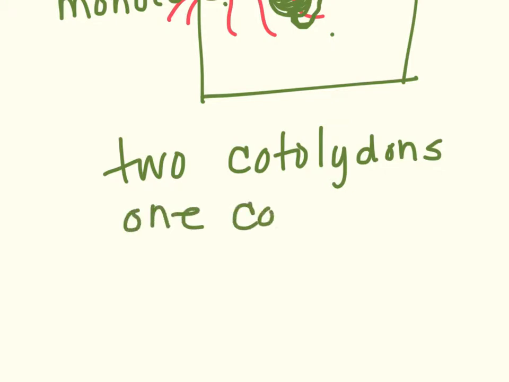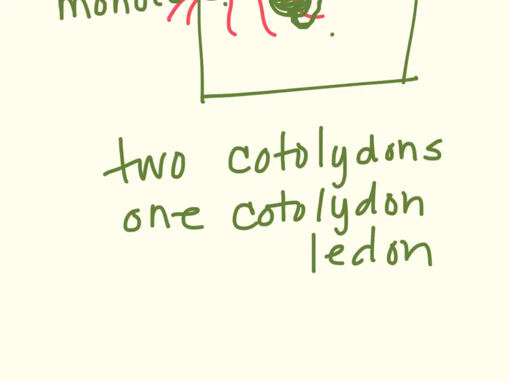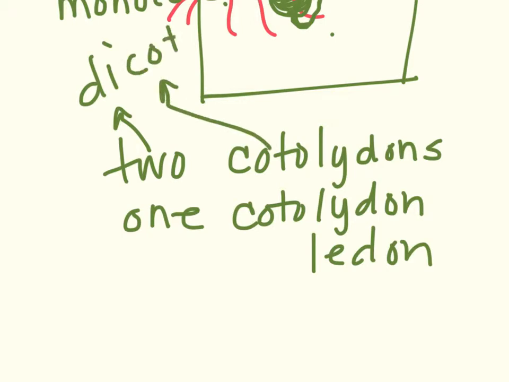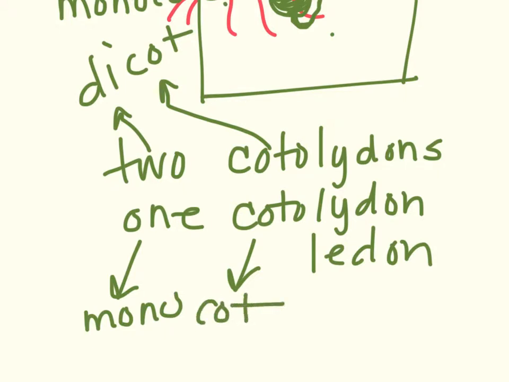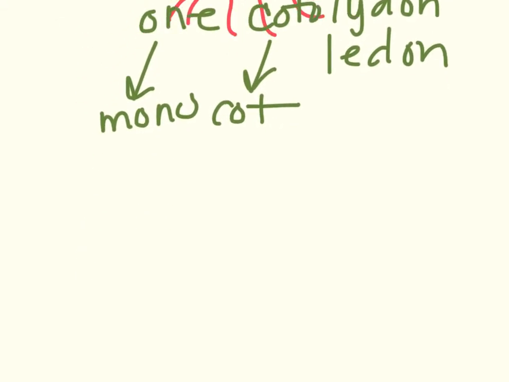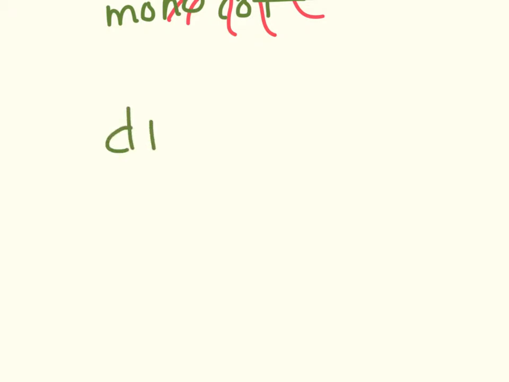Or one cotyledon. But we say two, the prefix for two is di, and short for cotyledon is cot. That's way easier. The prefix for one is mono, and obviously short for cotyledon again is cot. So we say they are dicot and monocot.